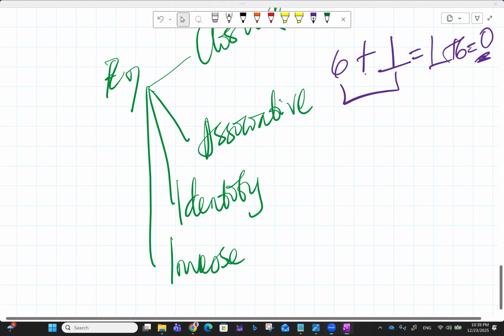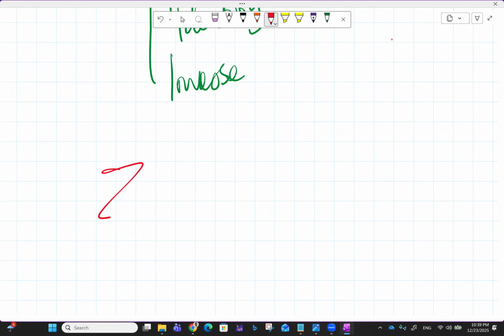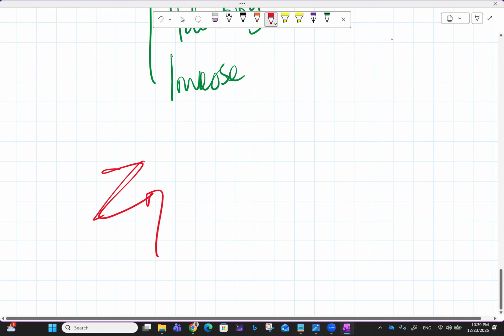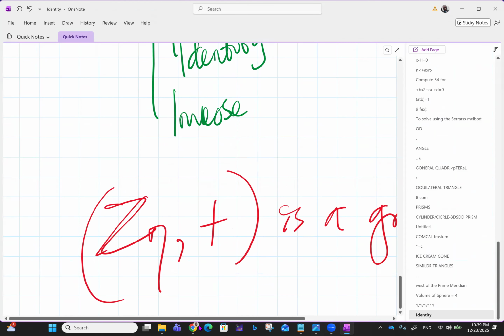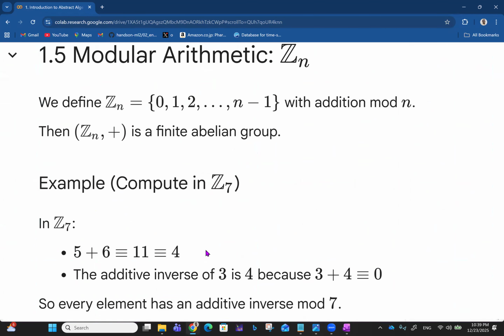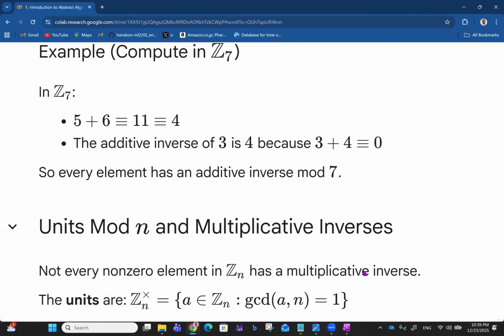So we can boldly say that Z7 under modular addition is a group. Every element has an additive inverse mod 7, like I just explained. If I have another opportunity, I think I'll spell it out better.